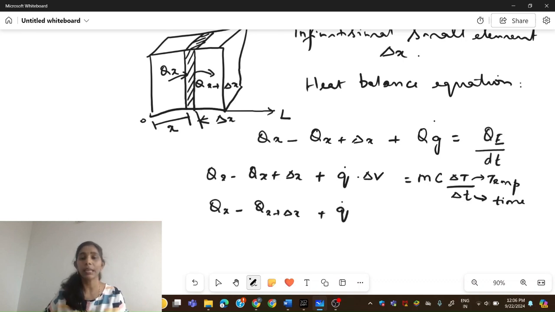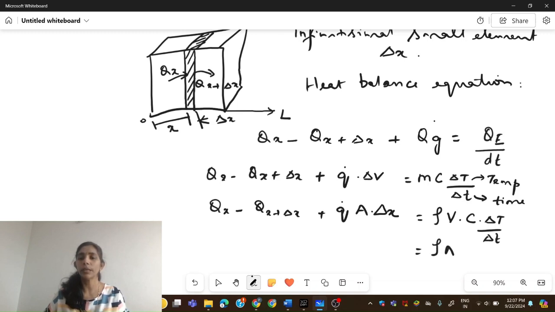volume can be written as area into thickness. Since this is a thickness of delta x only, here I am taking delta x, and here mass is always density into volume. So density into volume, other things remain the same, delta T divided by delta t. Now again a small change: this volume can be written the same way, area into thickness.